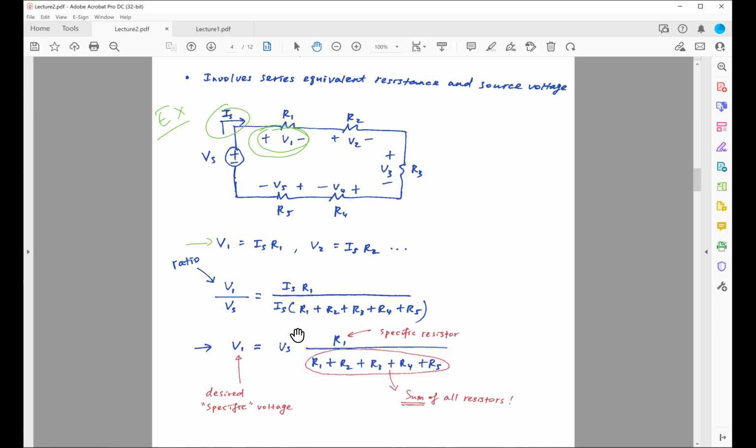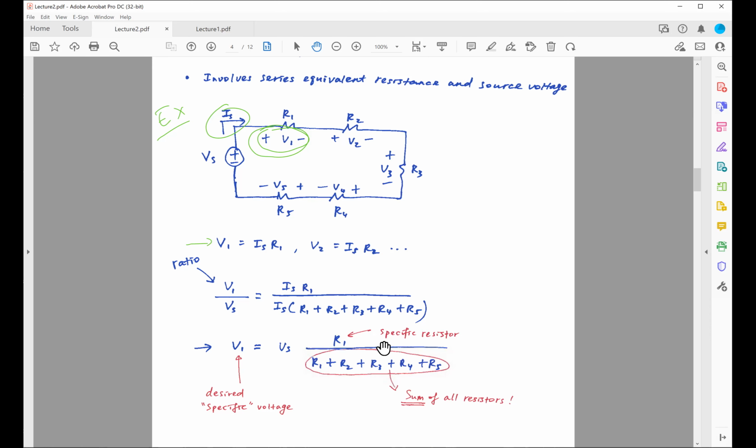So V2 will be equal to Vs times R2 over the sum. The term in the denominator remains the same. It will always be the sum of all resistors. The only term that is changing is this one. Depending on which specific voltage you're trying to find, you have to use the resistor over here accordingly. Again, if you're trying to find V5, then all you have to do is change this R1 to R5.